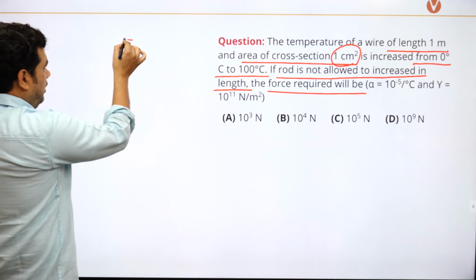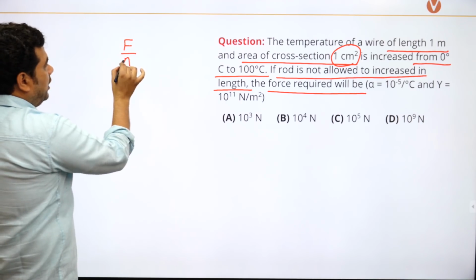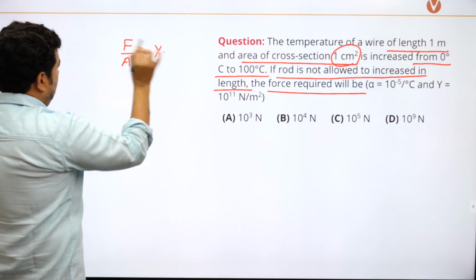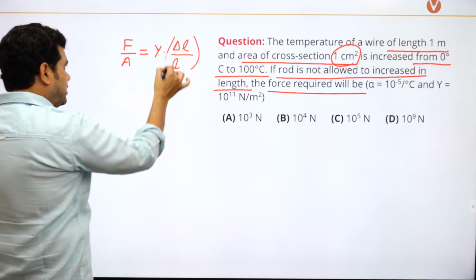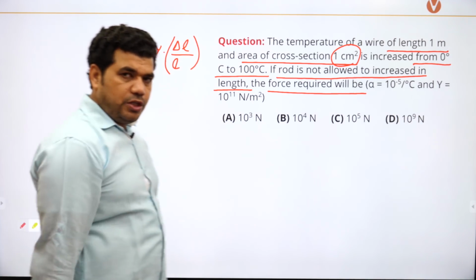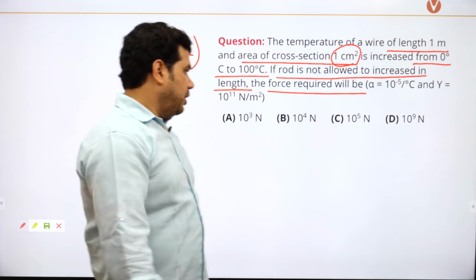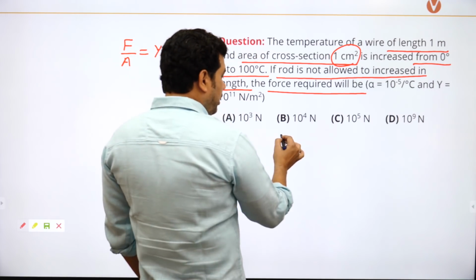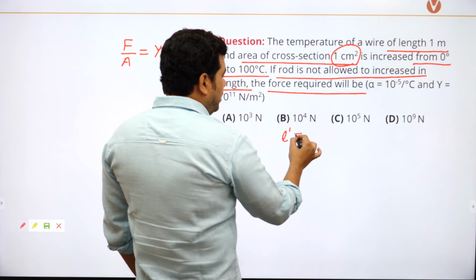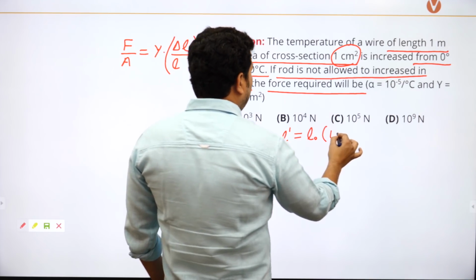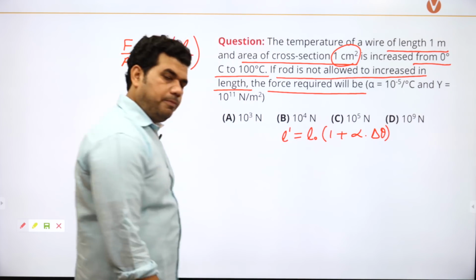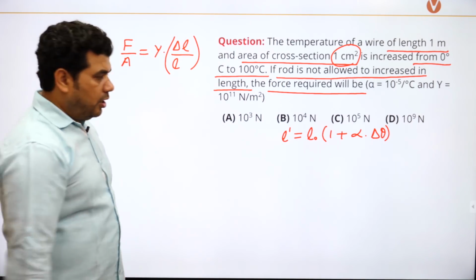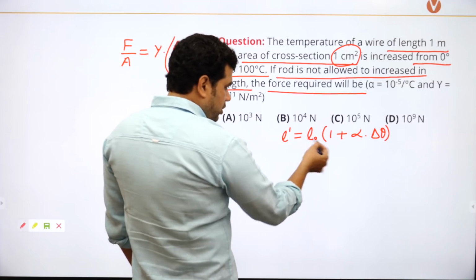We just find F upon A is equal to Young modulus into delta L upon L. So what is the strain required? The strain is delta L upon L, and you know L dash is equal to L naught into 1 plus alpha delta theta, the change in length, as we did earlier.